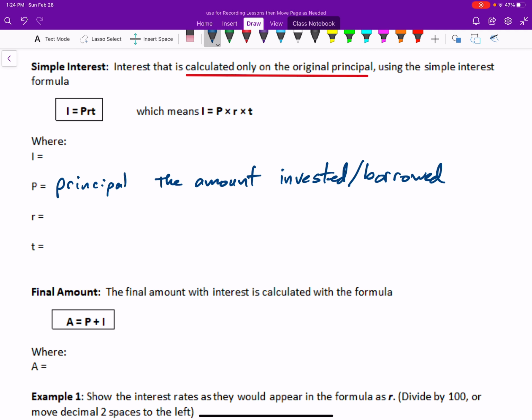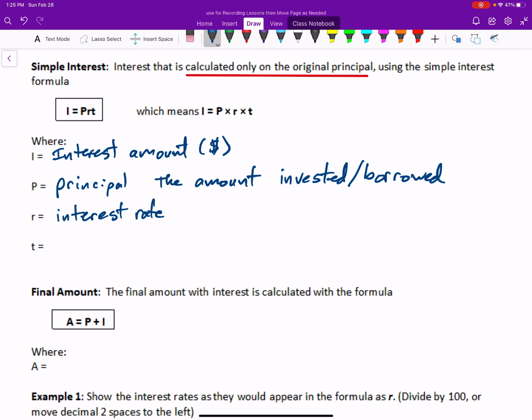Now, capital I is the interest amount, and that is in dollars. So if I borrow $100,000 from the bank and I pay them $100,000 back, in addition to the $100,000 I borrowed, that extra amount is the interest. R is the rate, the interest rate. There's always an interest rate involved.